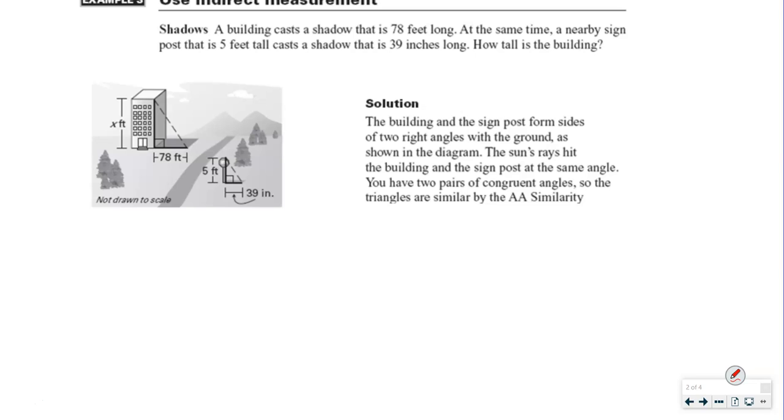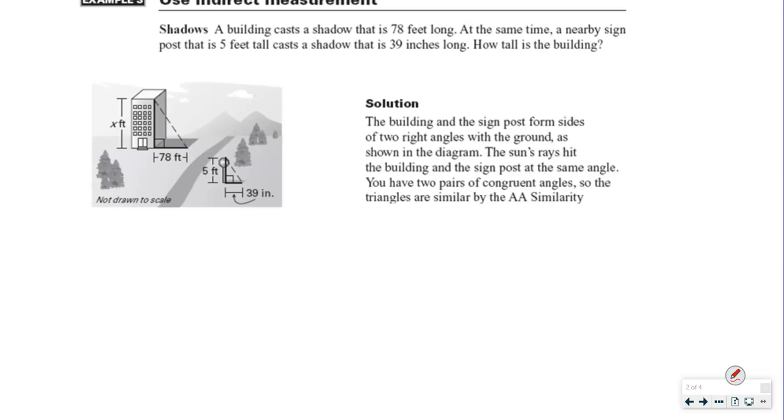So the building and the signpost form sides of 2 right angles with the ground, as we can see in our diagram. And the sun's rays hit the building and the signpost at the same angle. So we have 2 pairs of congruent angles, so the triangles are similar by the angle-angle similarity. So now that we know that they're similar, we can use our proportions and find our missing height of the building, X.